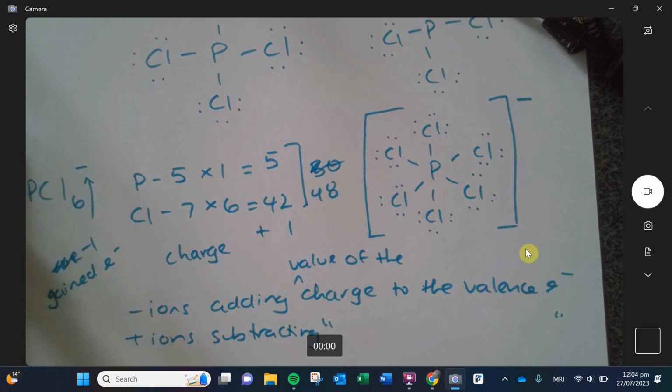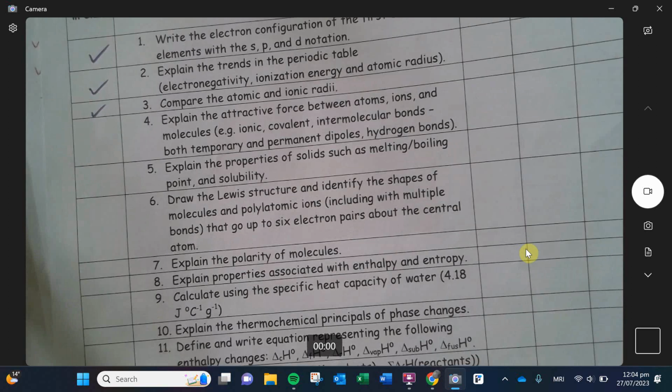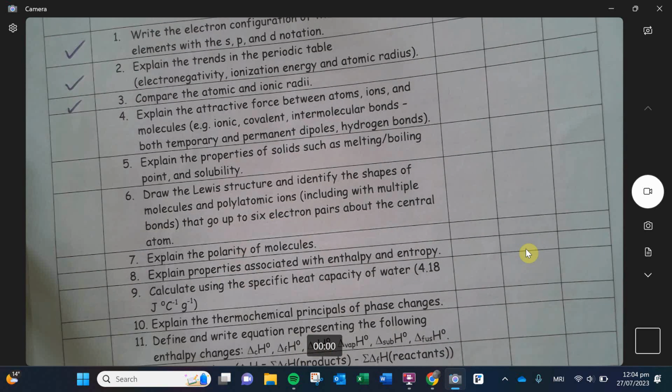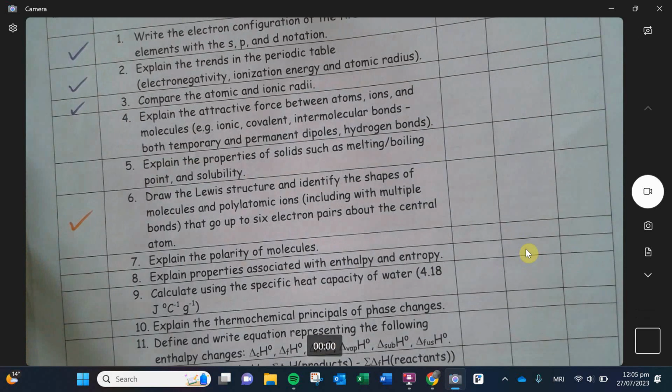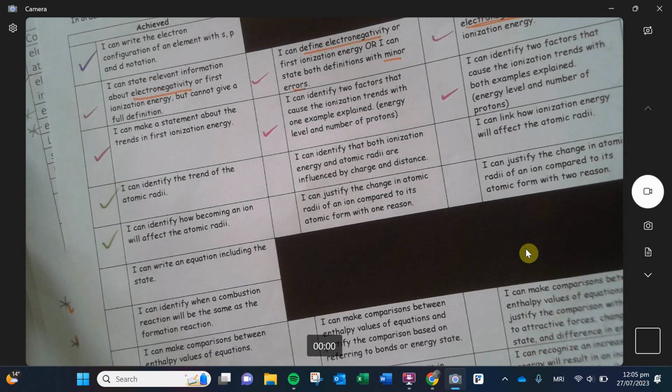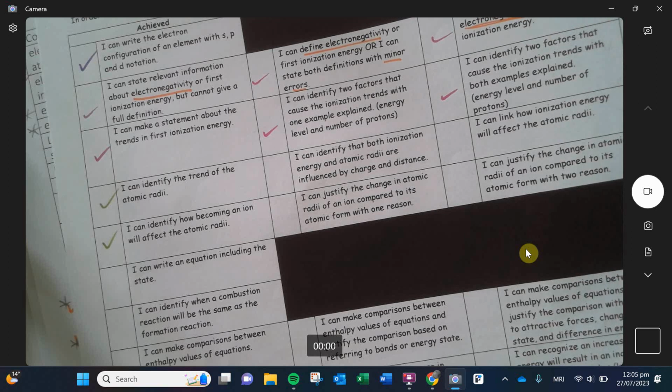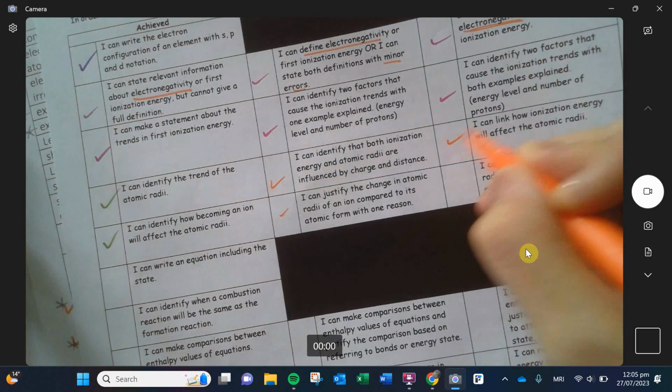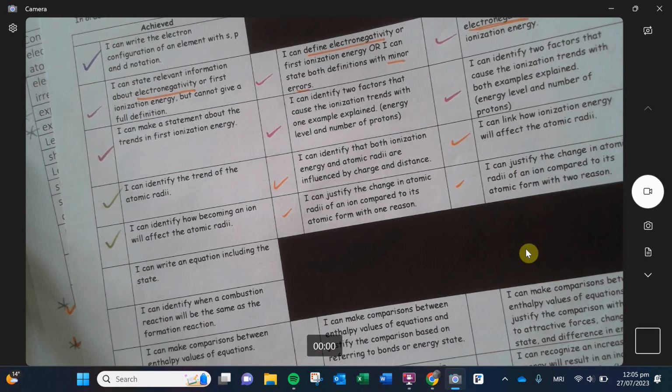So, just to recap the work that we did today and how it's going to play out on the exam. We looked at number 6, drawing those Lewis structures. On the back, let's see where those Lewis structures came in on a question. I did not put the Lewis structures on here for some reason.